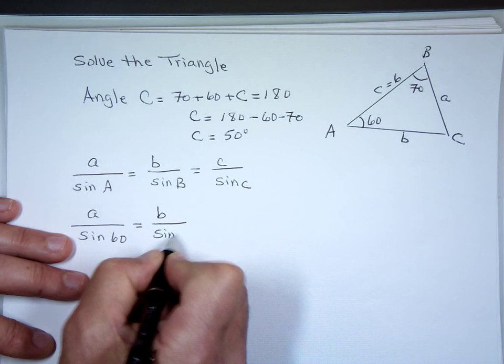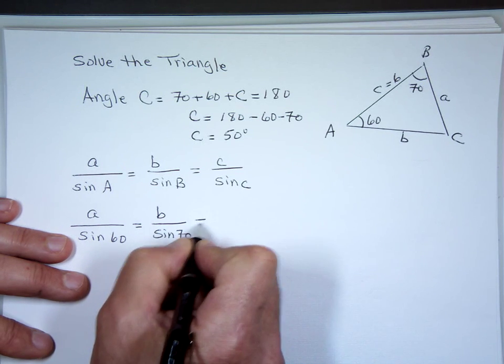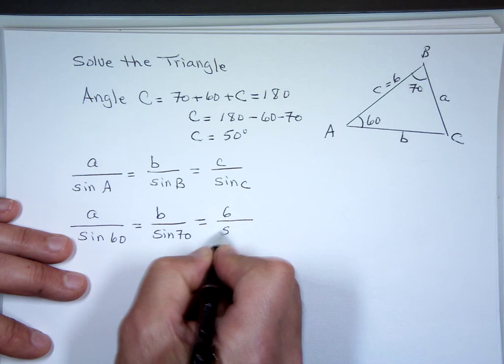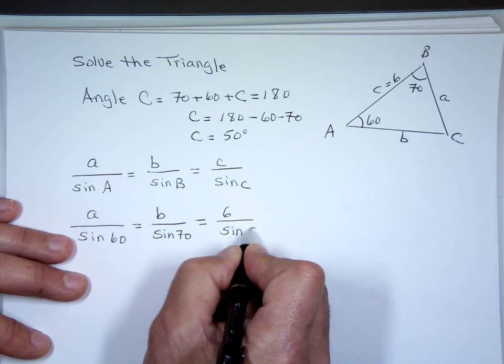Sine of 70, which should equal what? c, which is 6, over sine of 50.